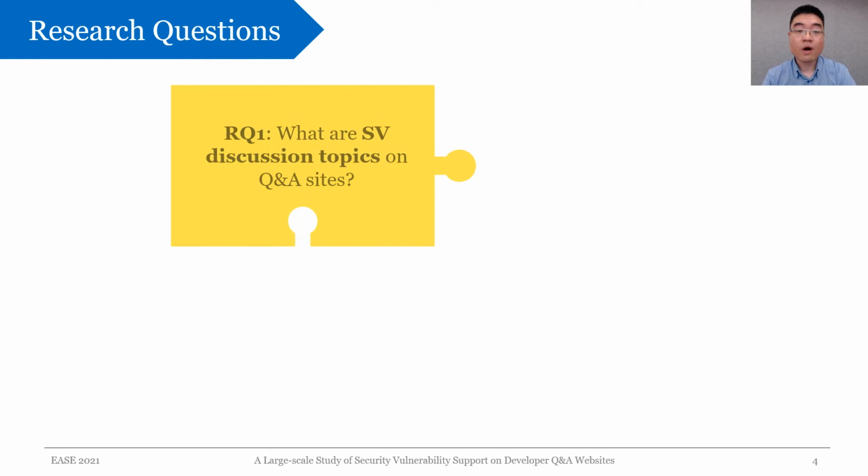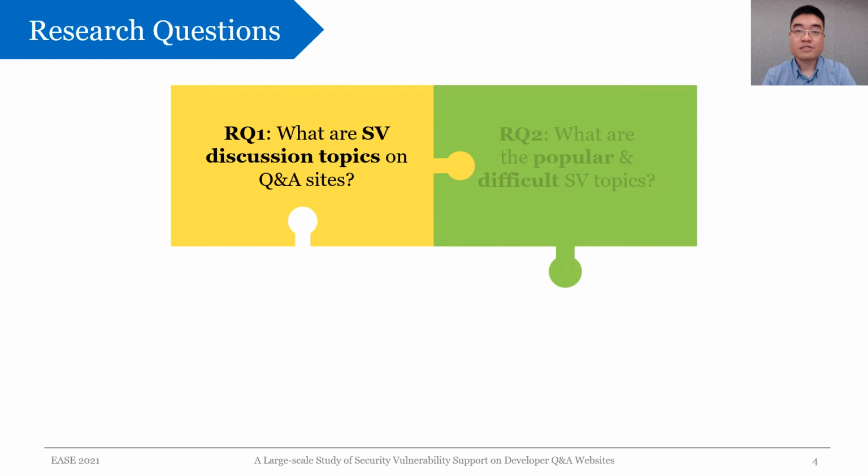In research question 1, we study the key real-world vulnerability-related concerns that developers usually encounter and discuss on question-answer sites. Based on the identified concerns, in research question 2, we explore the popular and difficult topics. The trade-off between popularity and difficulty helps practitioners to choose the suitable site to ask and answer vulnerability questions.